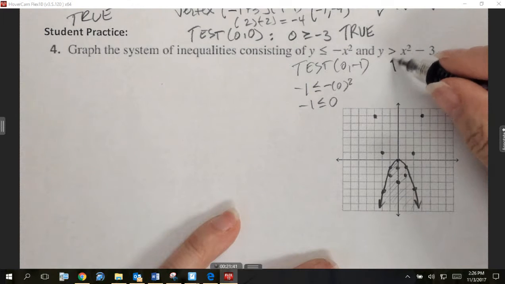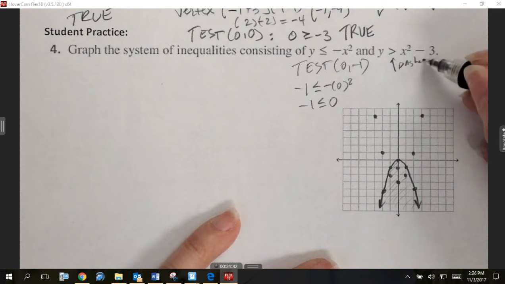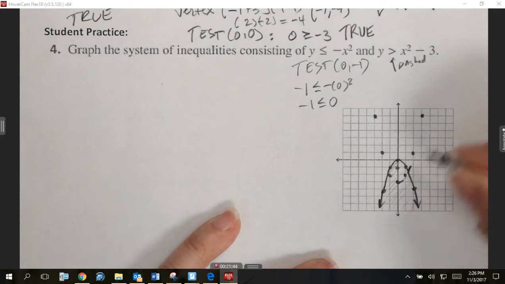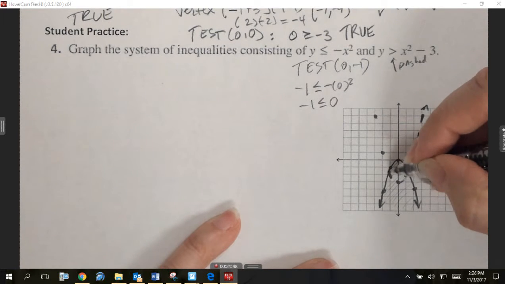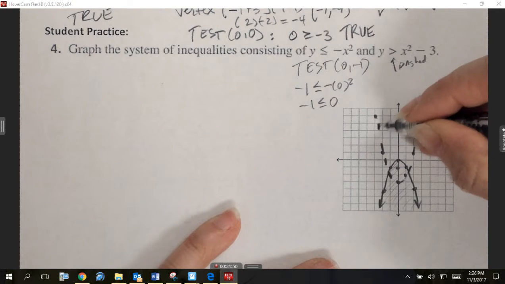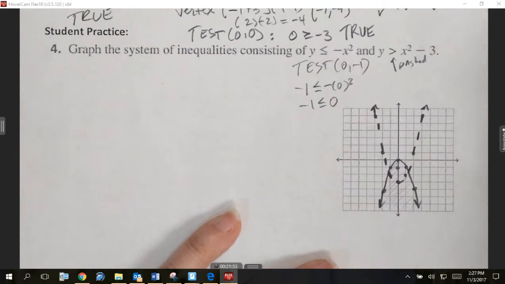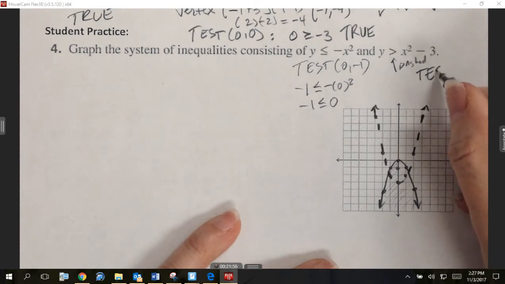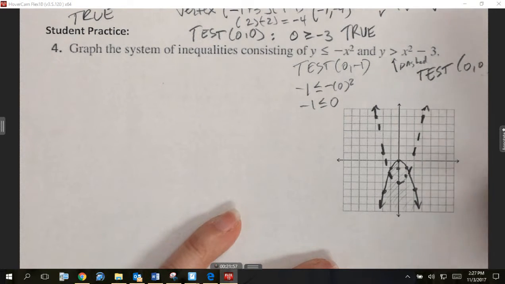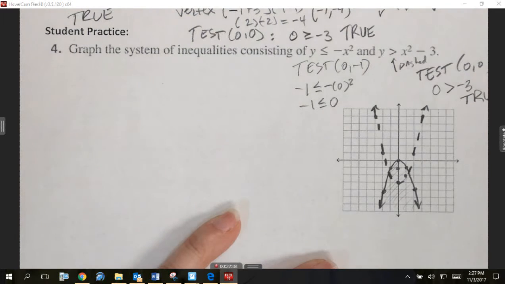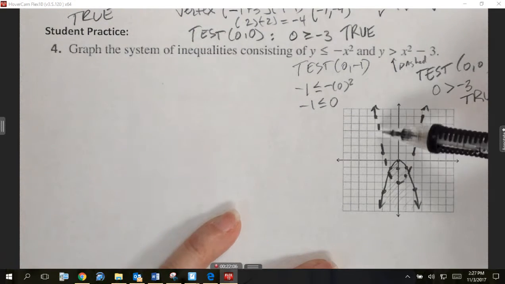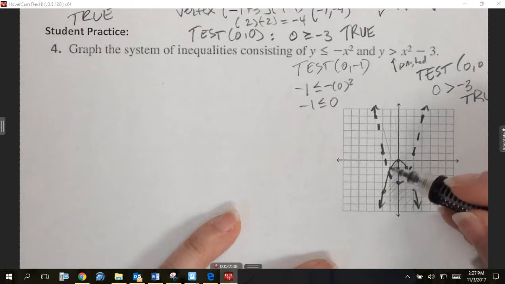And this one is dashed. It is not equal to. I'm going to test 0, 0. 0 greater than negative 3, that is true. So I will shade 0, 0, and where do they overlap? That gets dark.